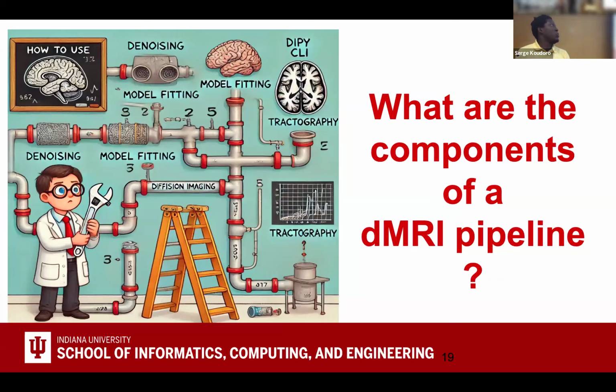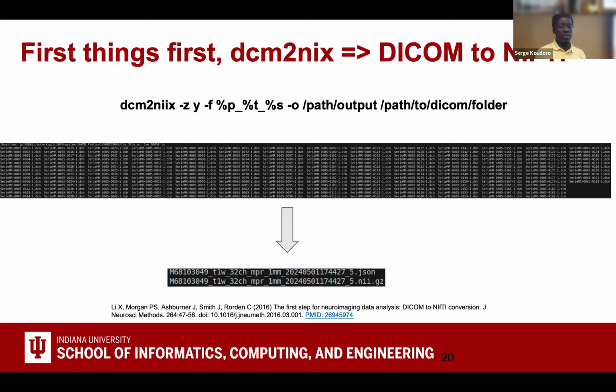So let's dive deep into the components of a dMRI pipeline now that you have a general idea. The first thing that you have to do, of course, when you get your data from the scanner, is that they arrive as DICOM, and in this field, no processing is done directly in DICOM. So you need a tool to convert this DICOM to NIfTI, which is a standard in this field.